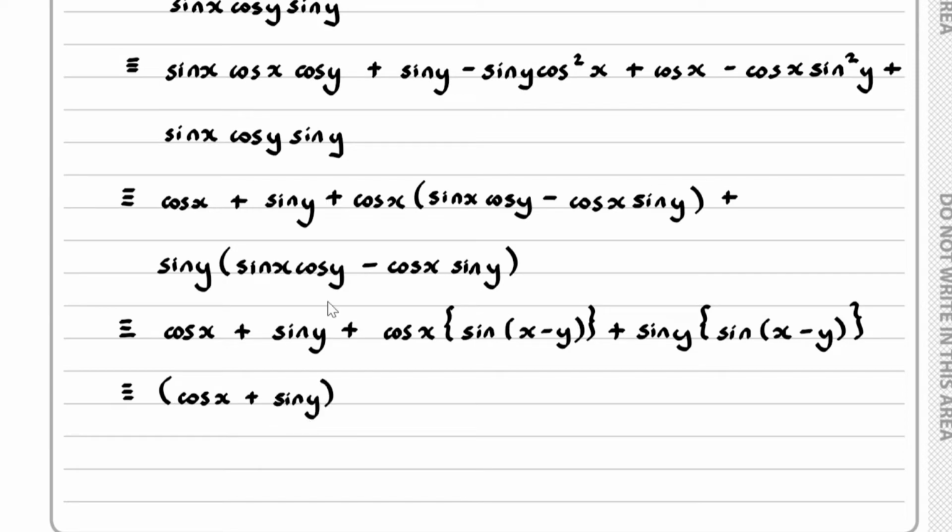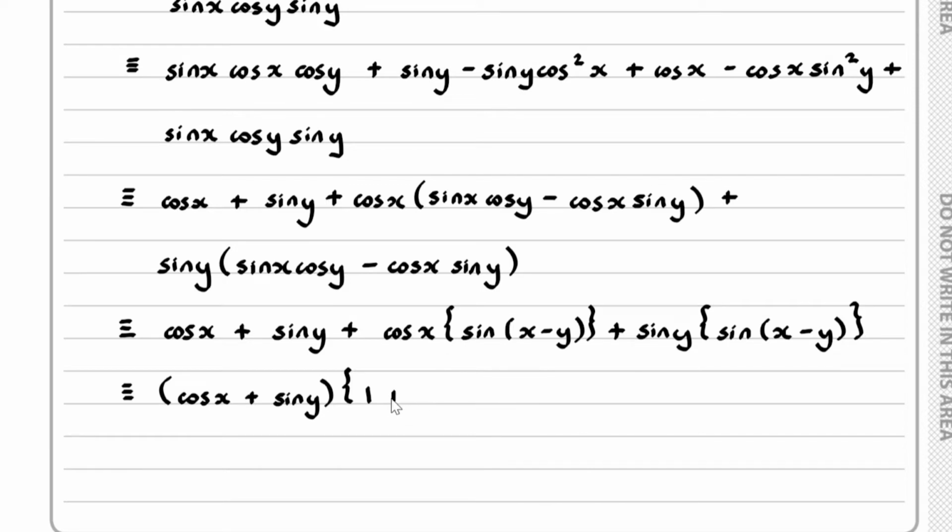And if I do that, then here cos x plus sine y times by 1 would give cos x plus sine y. And then here I've got the cos x on the outside and the sine y on the outside of these brackets.